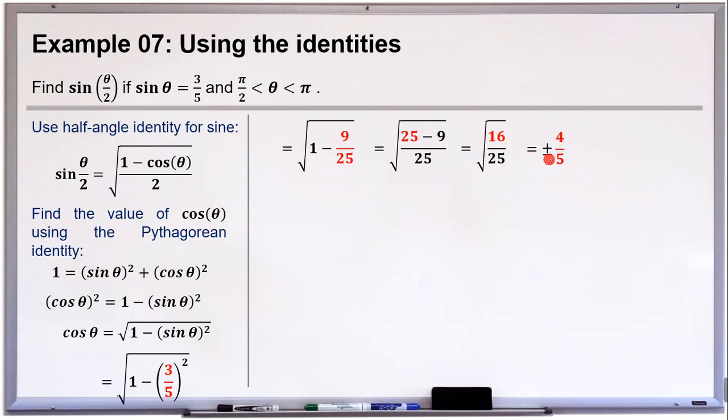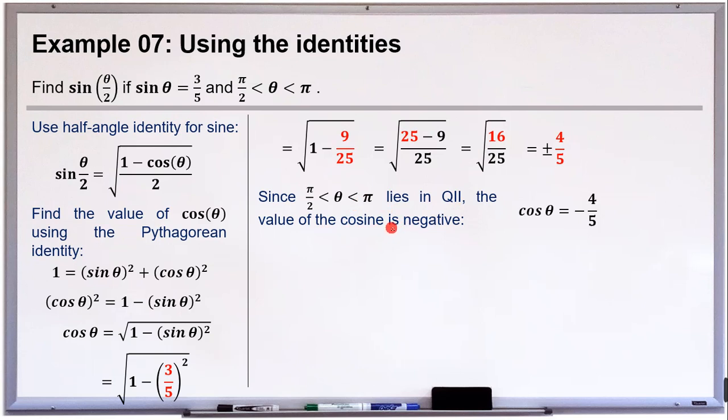So we have two values for our cosine of theta. But we only pick one because we are given an interval. We know that the angle theta lies from 90 degrees to 180, so this is located in the second quadrant. And the value of the cosine there is always negative.